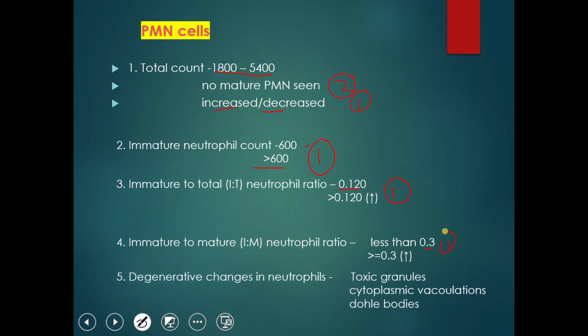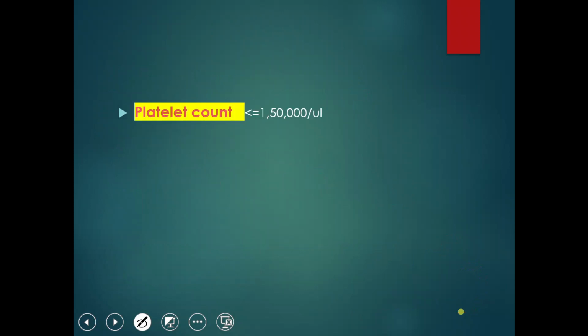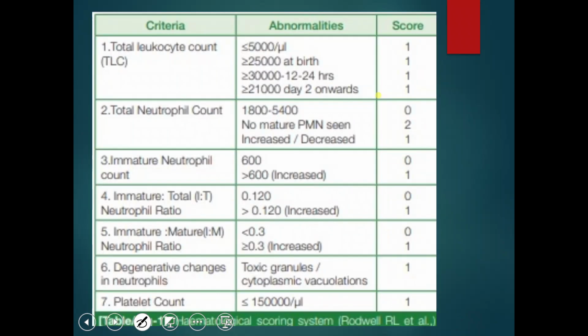What are these changes? Either toxic granules, cytoplasmic vacuolization, or Dohle bodies. I'll discuss these changes in my coming slides. And the next parameter is platelet count. If the platelet count is less than 1.5 lakhs per microliter, it is also given a score of 1.